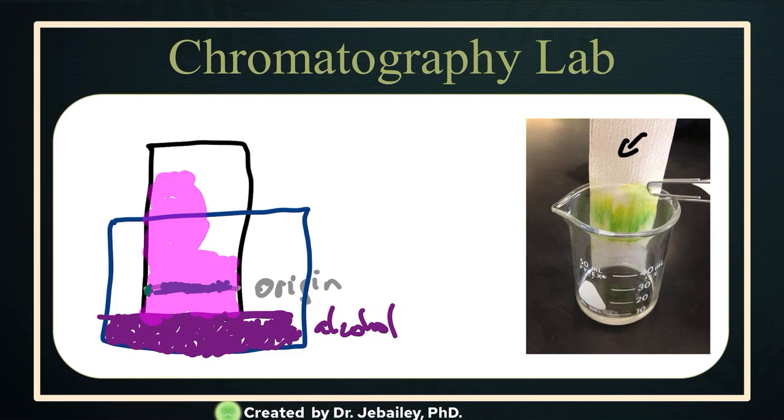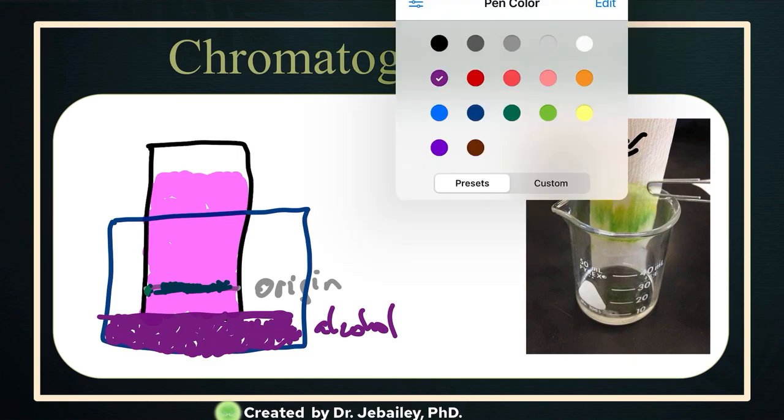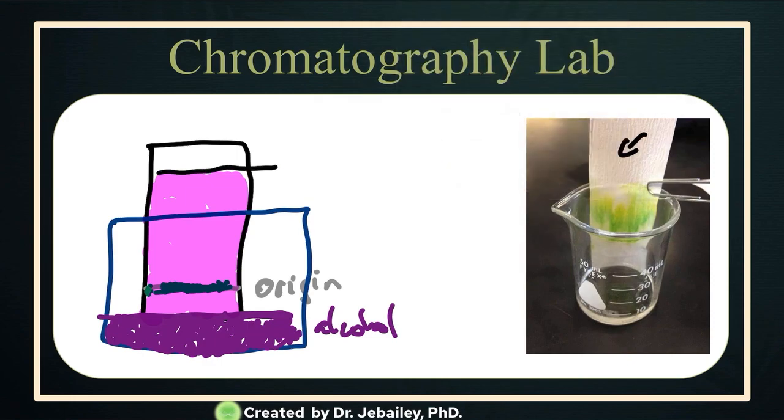So this whole purple thing is alcohol passing through the paper and it reaches a stop. So this is the level, the distance that the alcohol traveled.